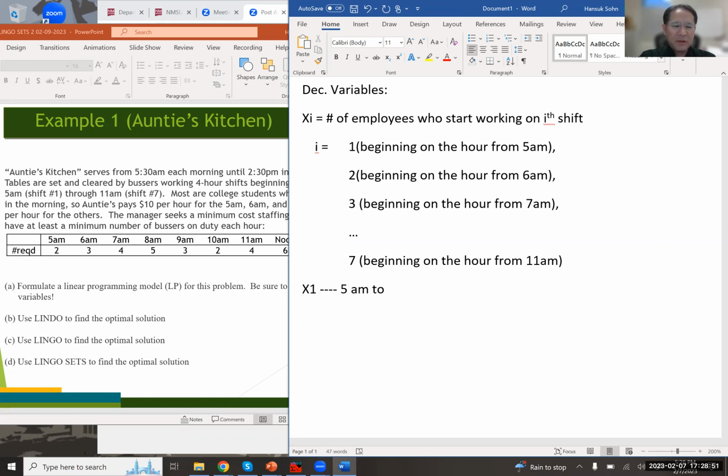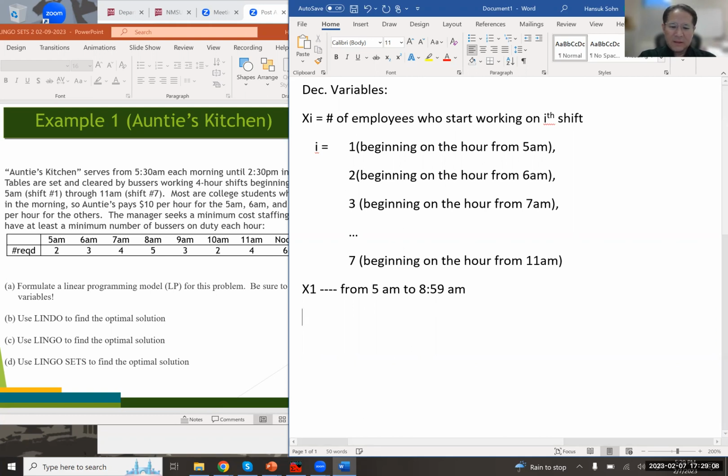So actually they are going to work until 8:59 a.m., right? So they work from 5 a.m. to 8:59 a.m. Is that correct?